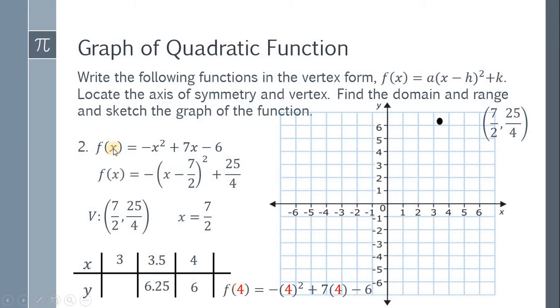We have f of 3 is equals to negative 3 squared plus 7 times 3 minus 6. Negative 3 squared is negative 9 plus 21 minus 6 is also 6. So, ito yung dalawang point natin. We have 4, 6 and 3, 6. Therefore, pwede na nating i-graph yung ating parabola like this.